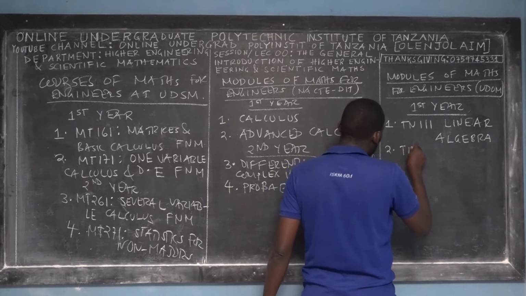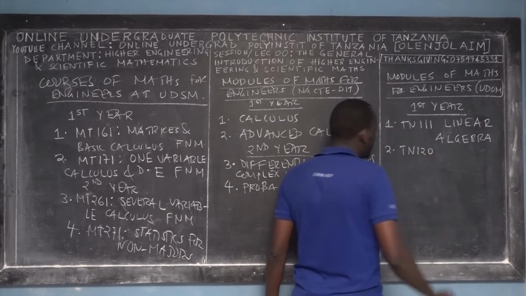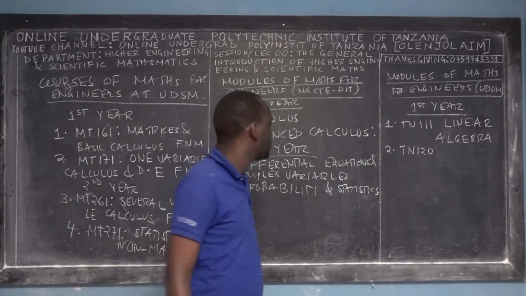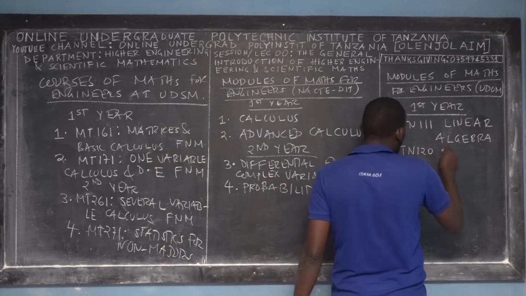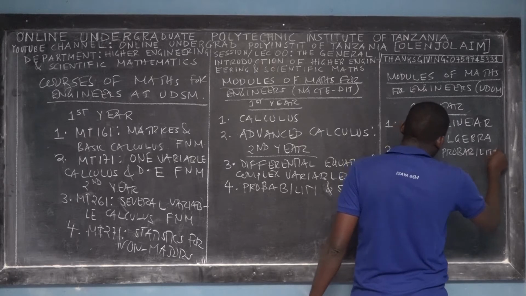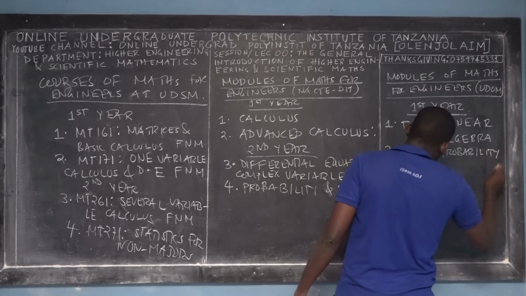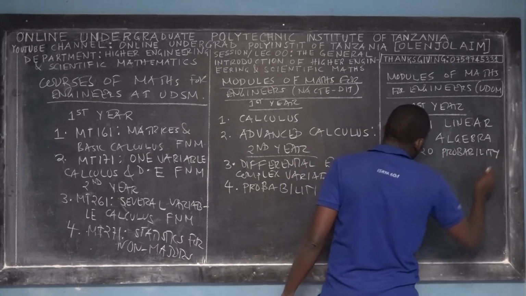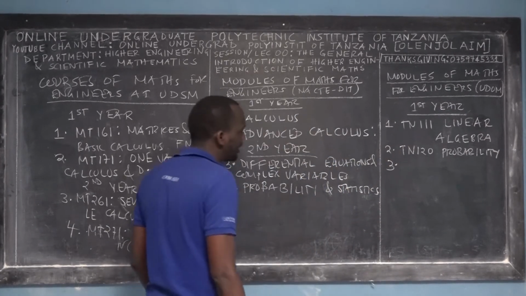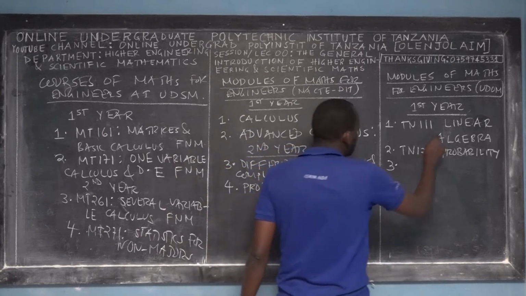The second module is TN 120, and this is called probability. This will be the second semester module. It's called probability, and this is the cross-cutting course for all the courses, I think for 95 courses of UDOM.